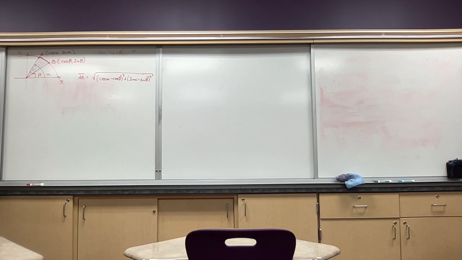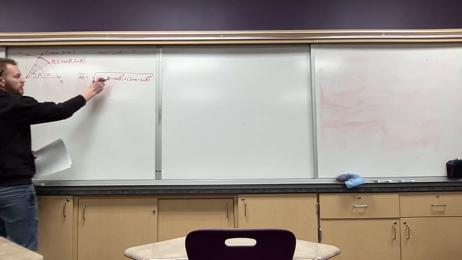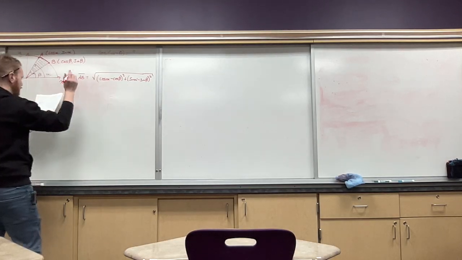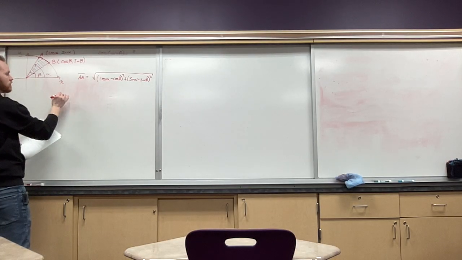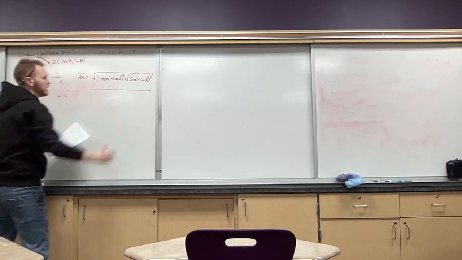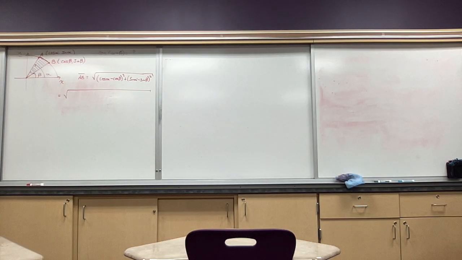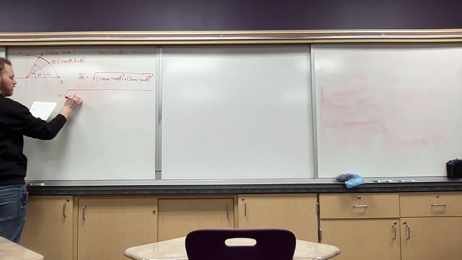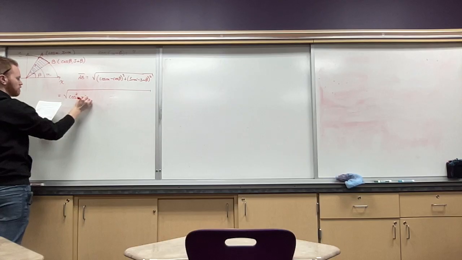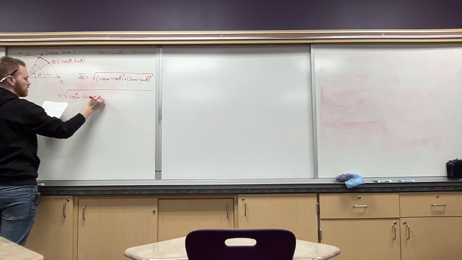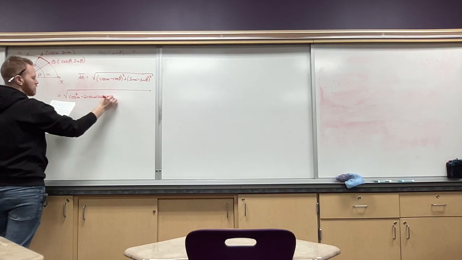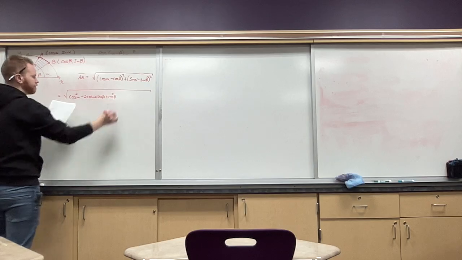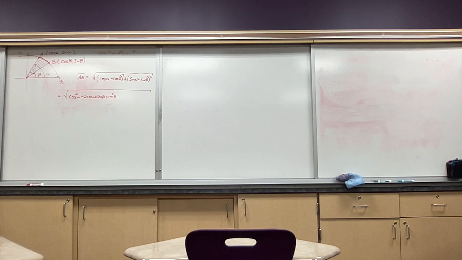Now I'm going to expand that a little bit. I'm going to square this and this guy. There are a lot of terms to write there. If I square the first binomial, I get cosine squared alpha minus 2 cosine alpha cosine beta plus cosine squared beta. That's just the first set of parentheses.